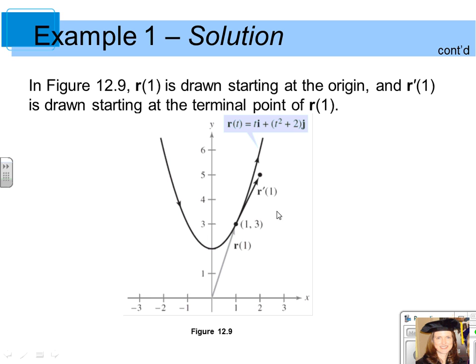For r prime of 1, you sketch it with the initial point on the path, and using the components 1, 2, you see that dark black vector line is your r prime of 1 vector. Notice that the r prime of 1 vector is tangent to the path at that point, where the position vector r of 1 is a vector drawn from the origin with the terminal point on the path.